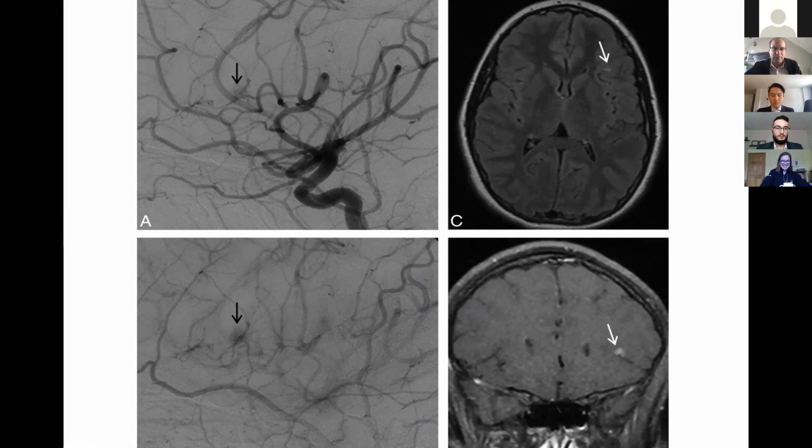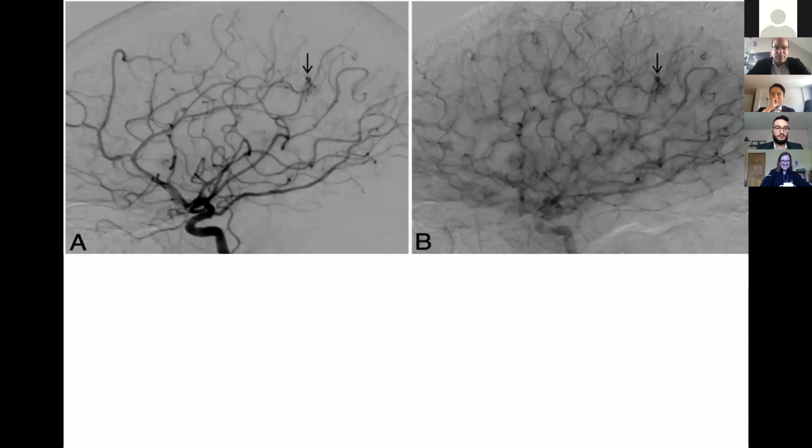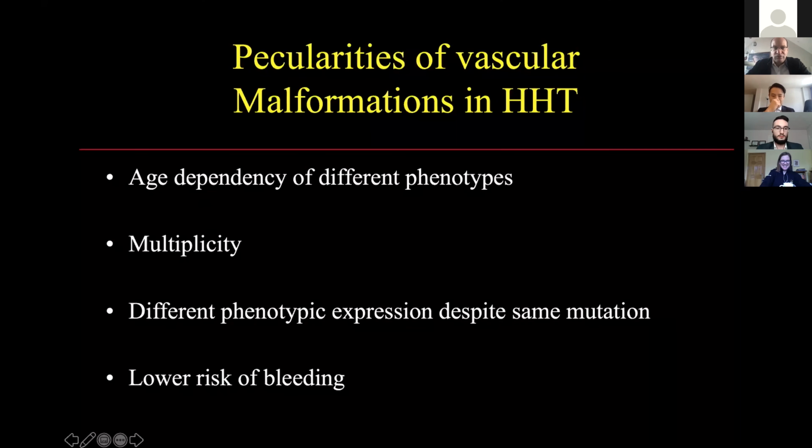And because there is no shunting, we believe that these are vascular malformations that do not bleed. A couple of examples. They are readily picked up on MRI as a fluff of contrast enhancement. We can see them on DSA, but they are not associated with an abnormally or early draining vein. And because there is no shunt in them, they are not dangerous and we would not treat them.